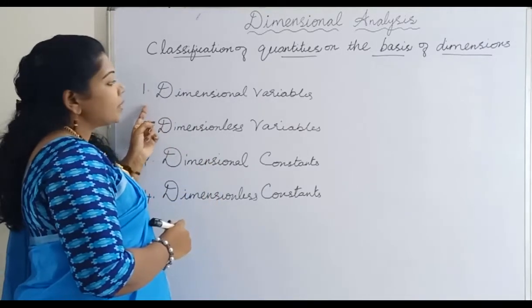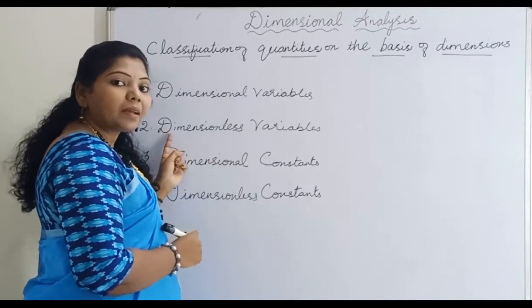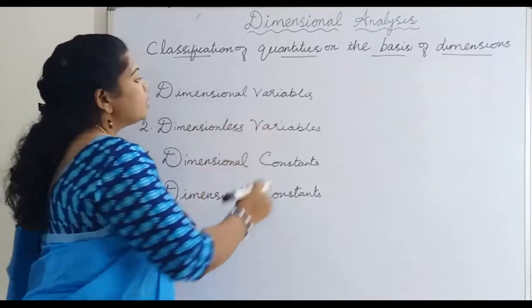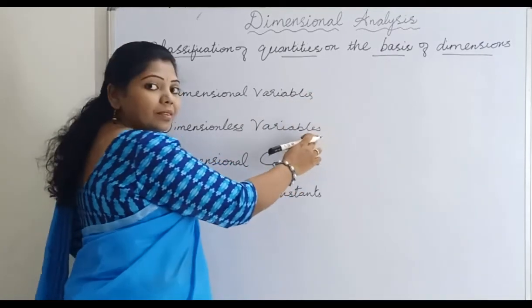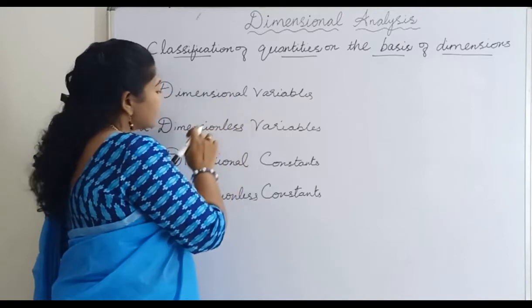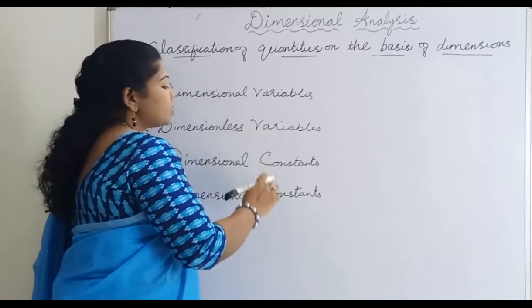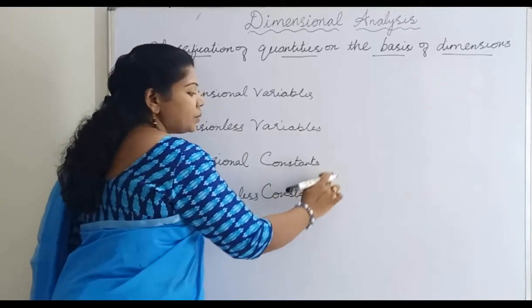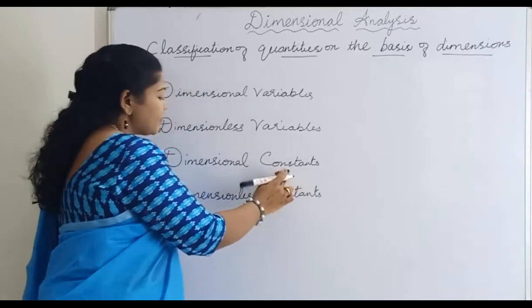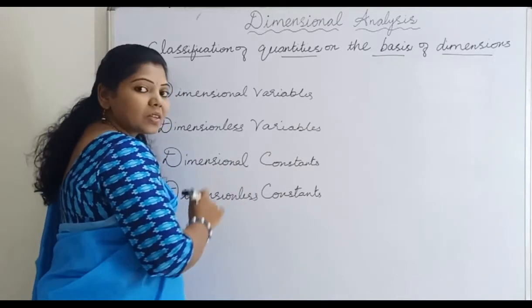What is the first one? Dimensional variables. The second one is dimensionless variables. So in variables itself, we have two types: dimensional variables and dimensionless variables. Like that, in constants we have two types: dimensional constants and dimensionless constants.